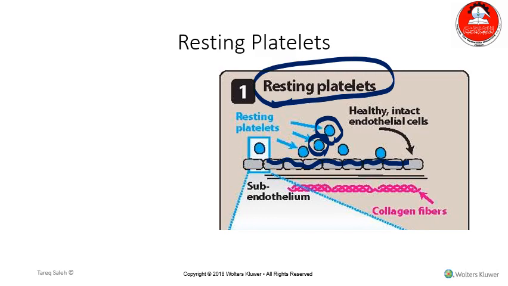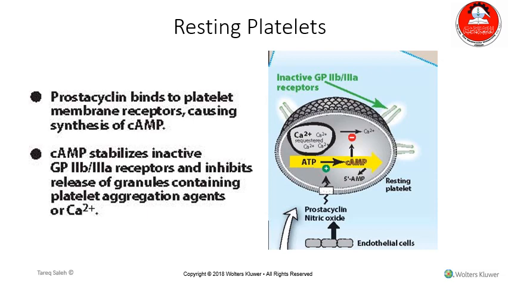This is mainly due to prostacyclin that is synthesized and released by the intact endothelium, which then binds to its receptors located on the outer surface of the resting platelet membrane.